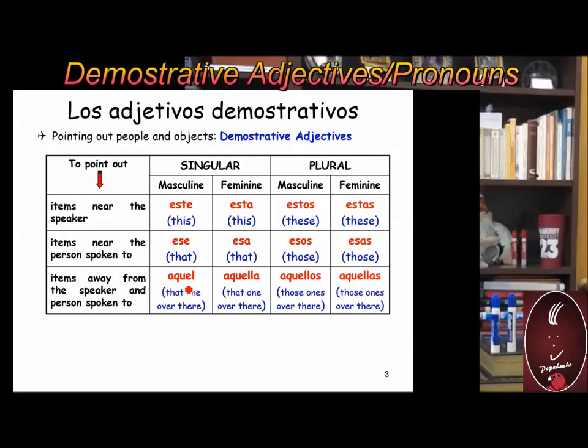To use the third group, I will use aquel, aquella, aquellos, aquellas. When the items are away from the speaker and the person is spoken to. So those nouns are far away from both of us that participate in the conversation.